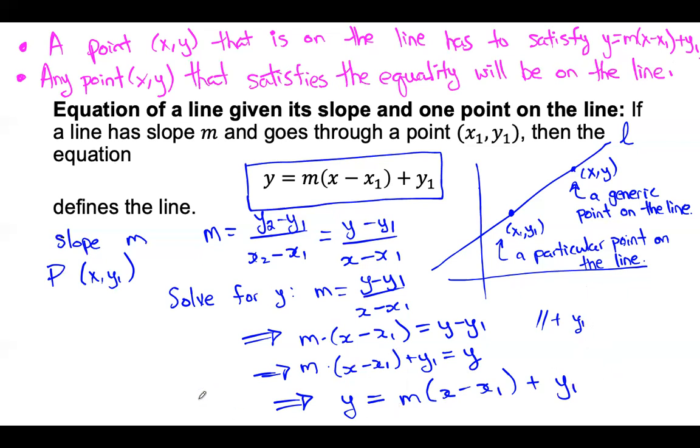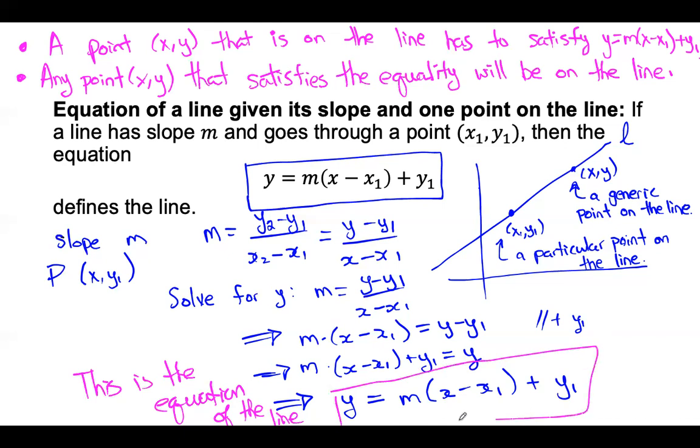So this was basically the equation of the line down here. We just derived it and showed where it came from.